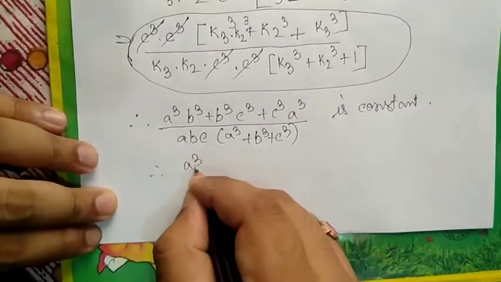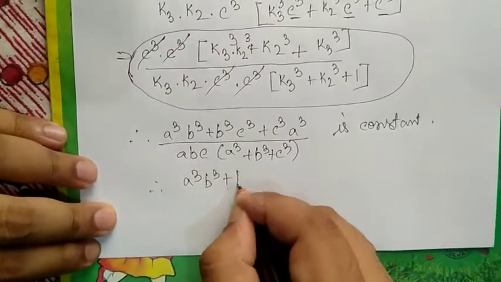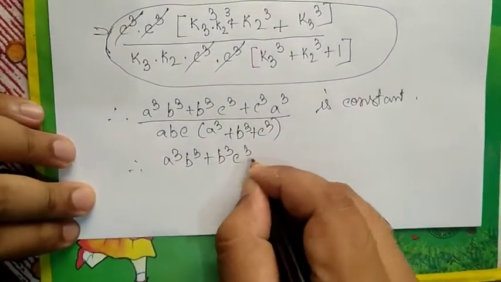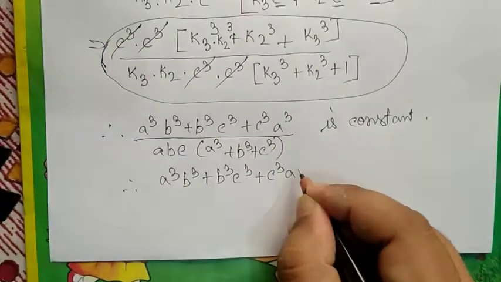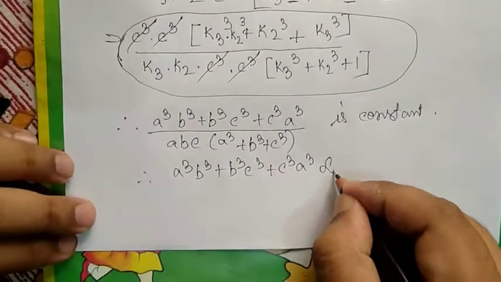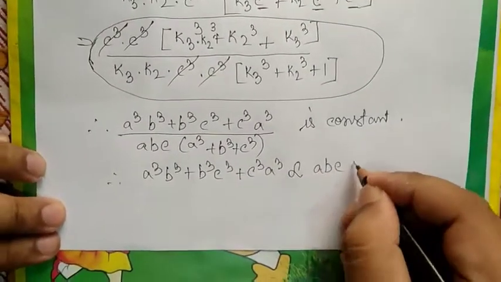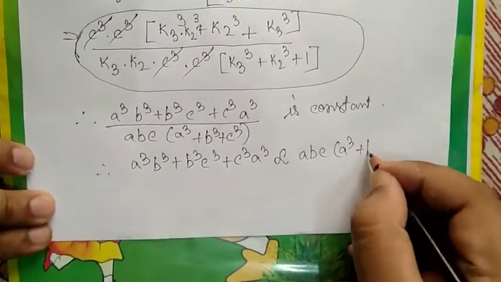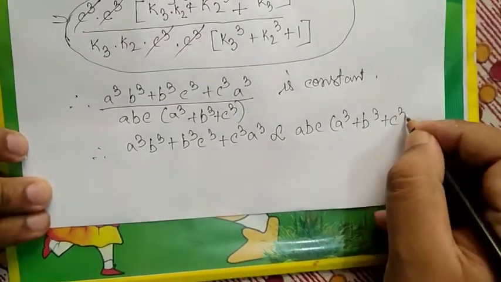Therefore A cube B cube plus B cube C cube plus C cube A cube varies directly with ABC into A cube plus B cube plus C cube. Complete.